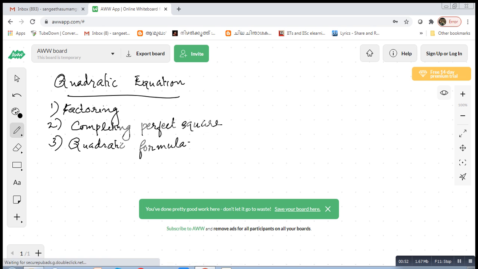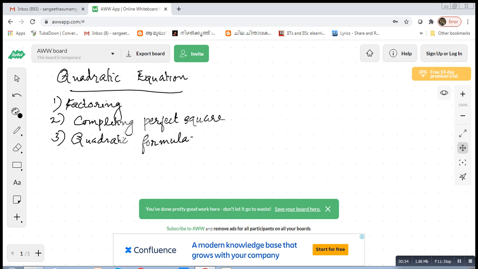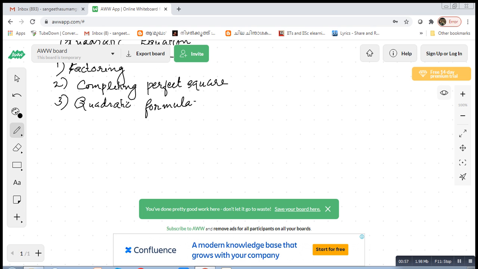We'll see the first method first, factoring. How you can use factoring to solve a quadratic equation.